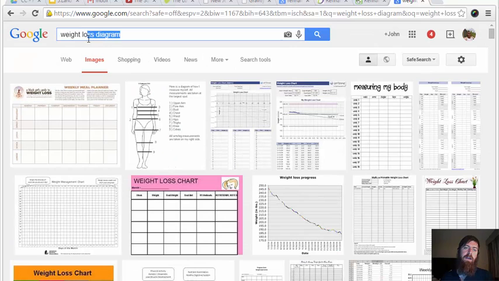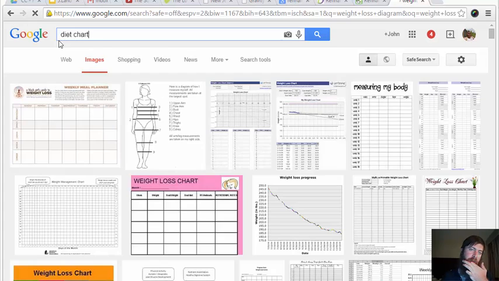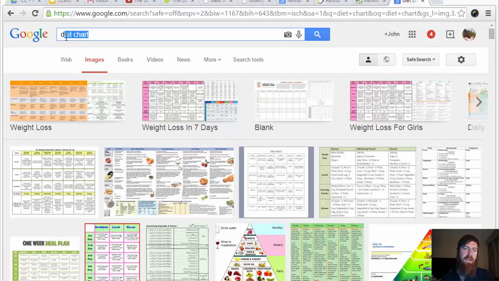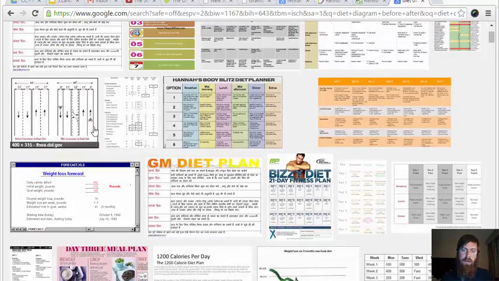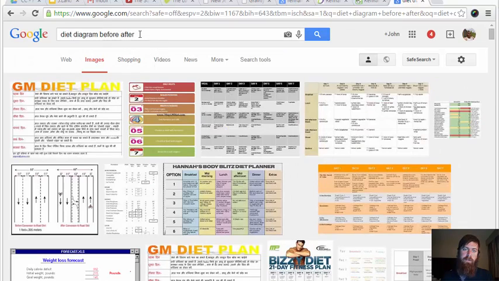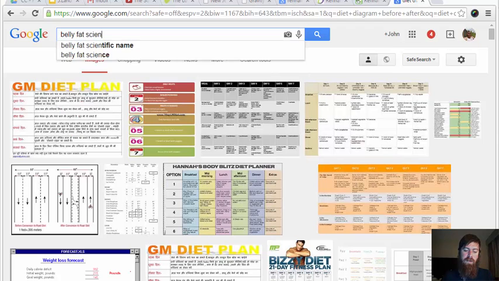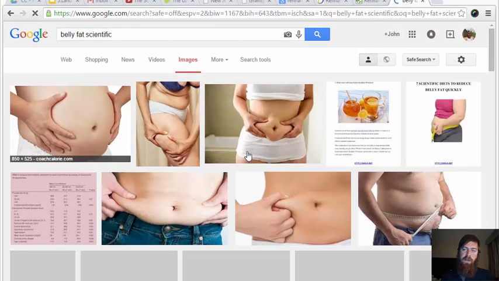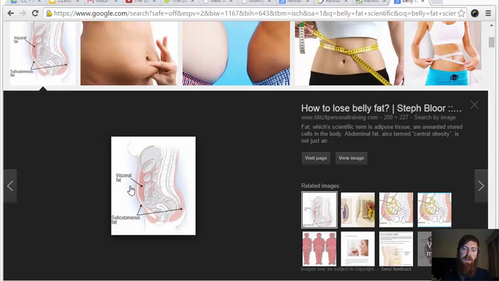I always look at stuff like that: diet chart, or diet diagram, before after, stuff like this. Belly fat, scientific, and I'll just do stuff like that. Here's a great one: this visceral fat and subcutaneous fat.